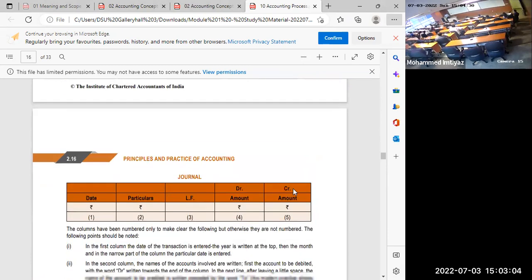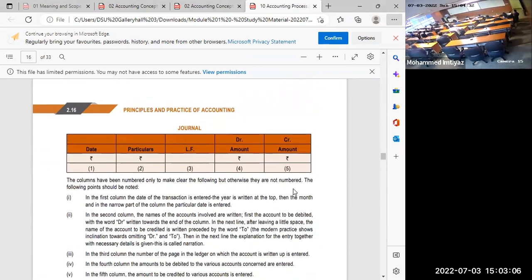Look at this. This is the format of a journal. Are you able to see? Date column, particulars column, ledger folio number column, debit amount, credit amount. It's a book, going on page after page.